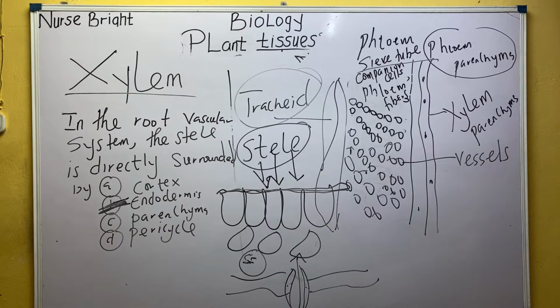Which part of the plant structure lacks a waterproof cuticle? It is the roots, guys, because the roots are underground and they need to absorb water, not to prevent it. Do you understand? The cuticle is a waxy layer that prevents water loss.